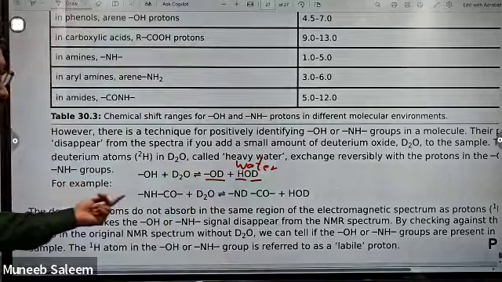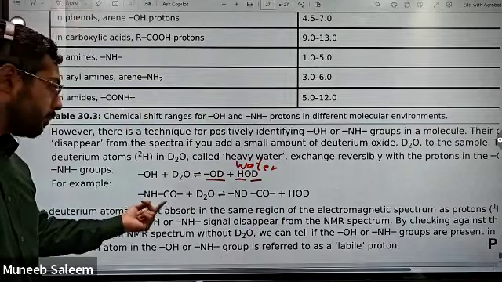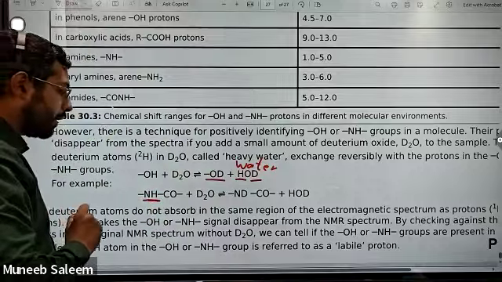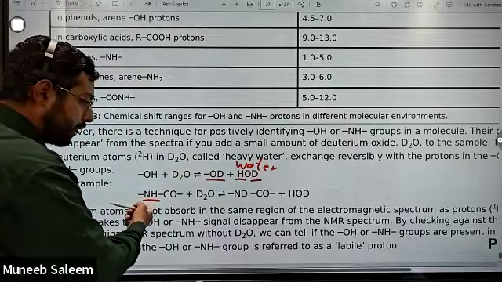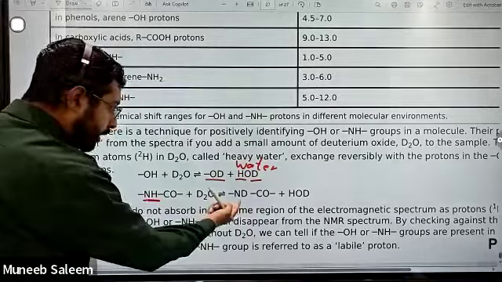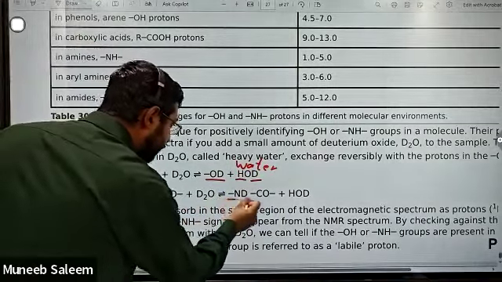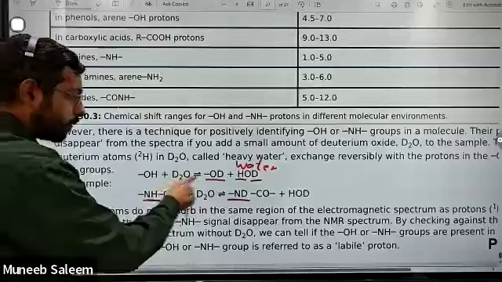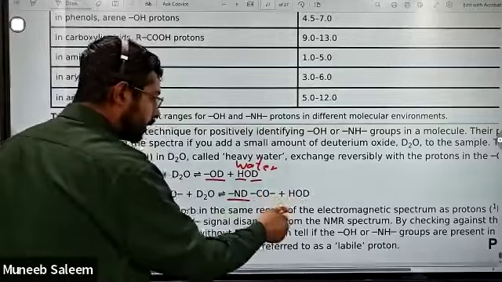And if we have an amide compound, then this hydrogen of the amide will be exchanged with the deuterium. So you will now have ND over here along with the carbonyl group, and the water is converted into HOD.